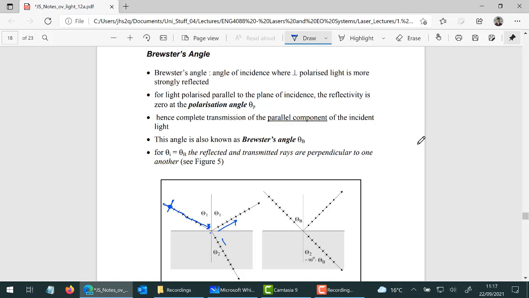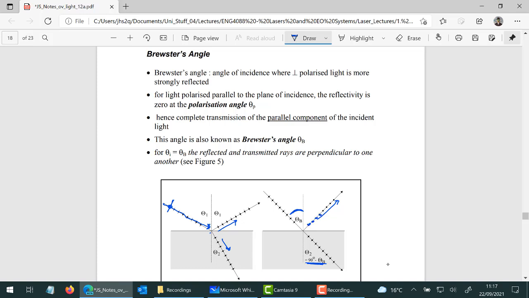When the light comes down and hits the surface, again some of the light will be reflected, some of the light will be transmitted, and what we want to know is how much light will be reflected and how much light will be transmitted. Well, it turns out that it depends very much on the polarization, and when we come on to the next section looking at optical properties of materials, we'll do this in more detail, but for the moment let's just consider that if we have both polarizations going in, if we pick the correct angle, and by the correct angle I mean Brewster's angle, then only one polarization will be reflected.